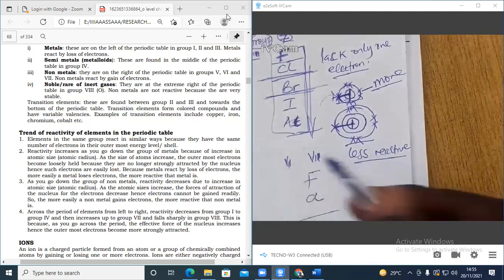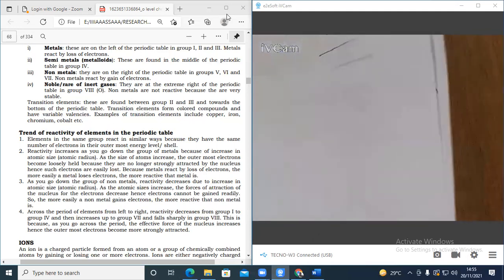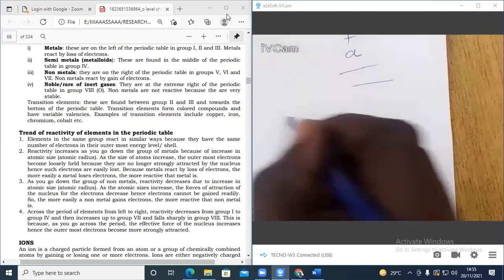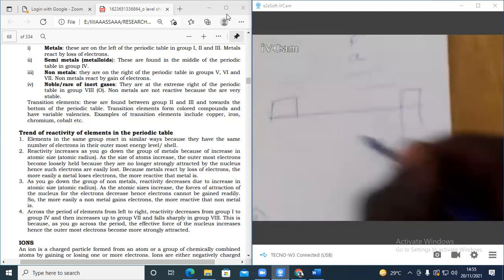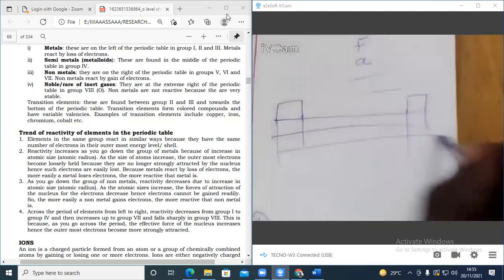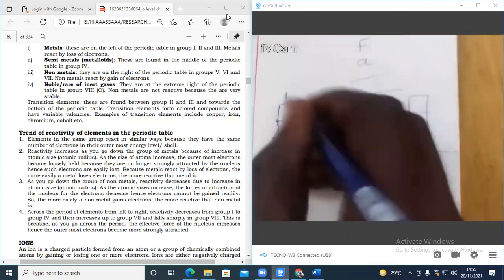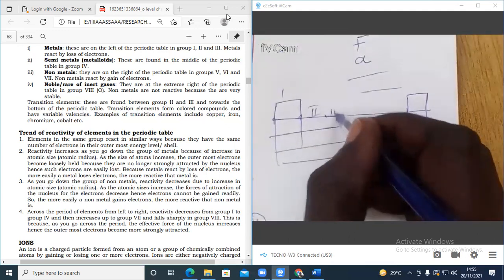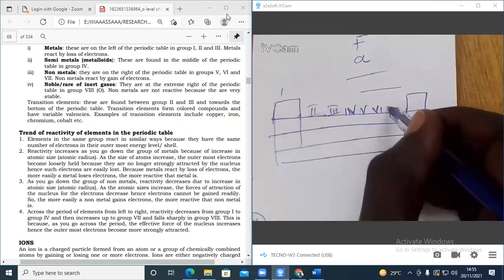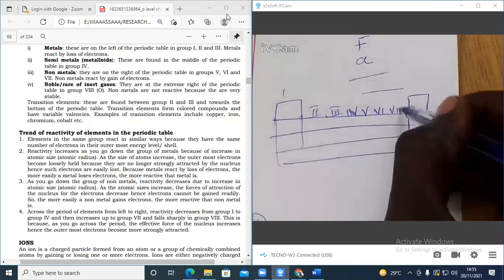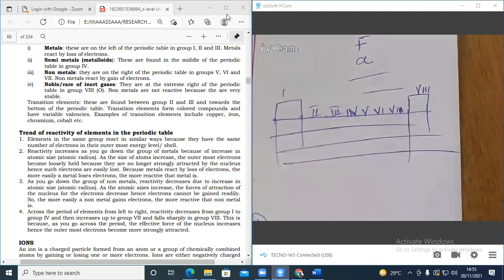So if a question comes asking, they draw for you a table like this. Then they put here 1, 2, 3, 4, 5, 6, 7, and then 8, like that.